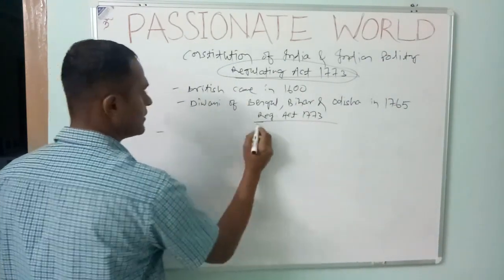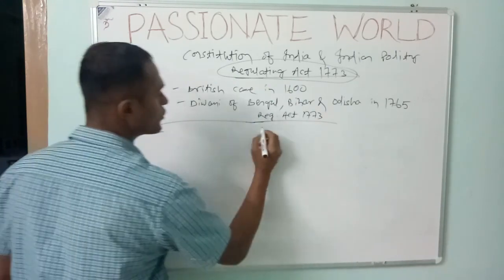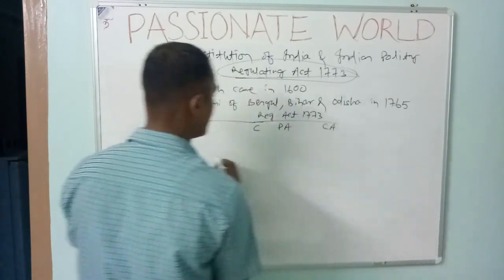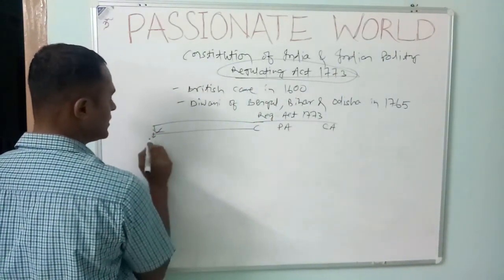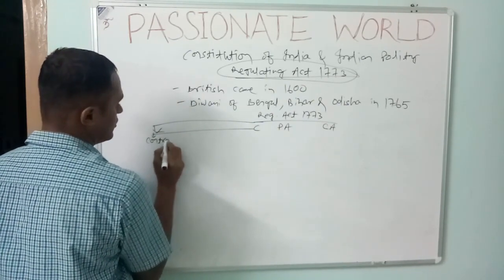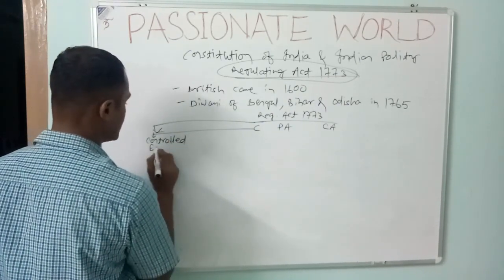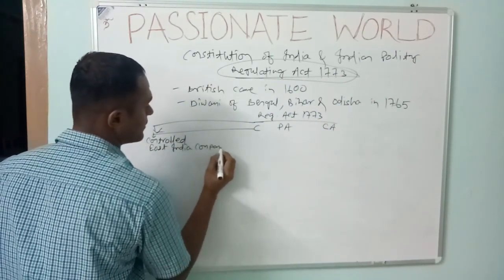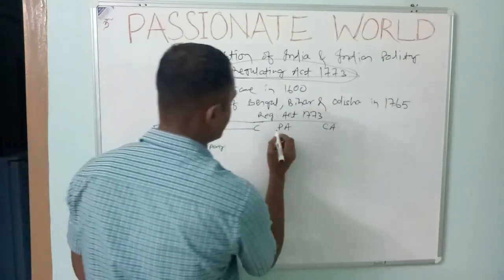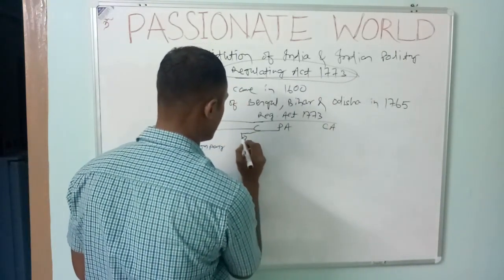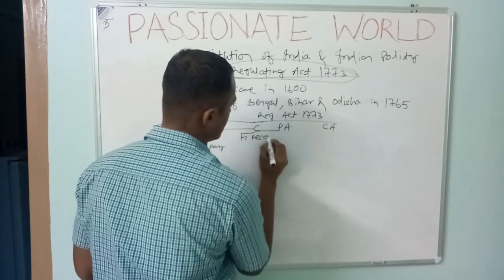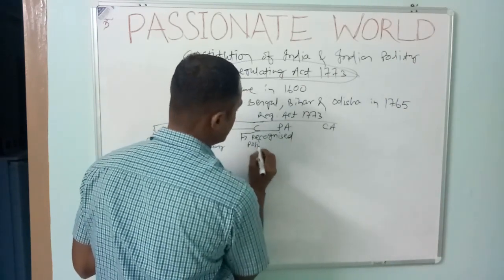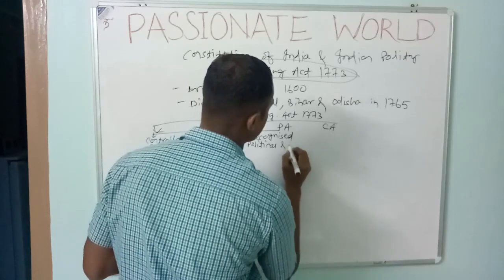First and foremost thing, you remember C, PA, CA. C stands for controlled East India Company. Then PA stands for recognized political and administrative functions.